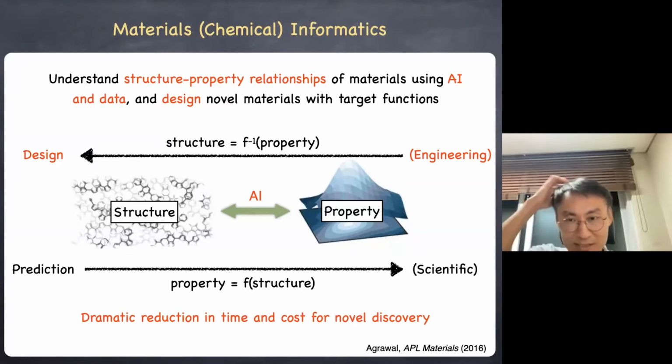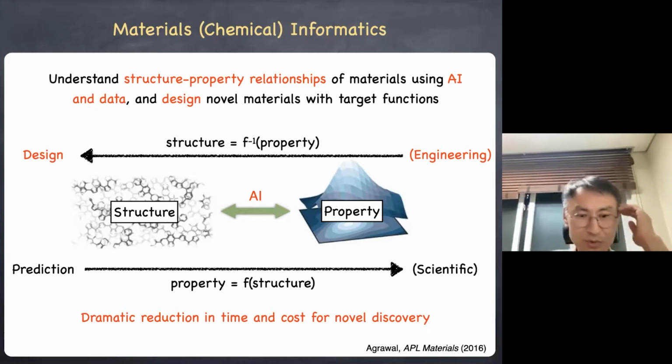And also, as Gianmarco mentioned, you can also go the other way around. In other words, we define the property first, the property that you want to achieve, and try to come up with a structure that would have such a property, and that would be an inverse design. And so by doing this kind of mapping, forward or inverse, you basically want to dramatically reduce the time and cost for novel discovery.